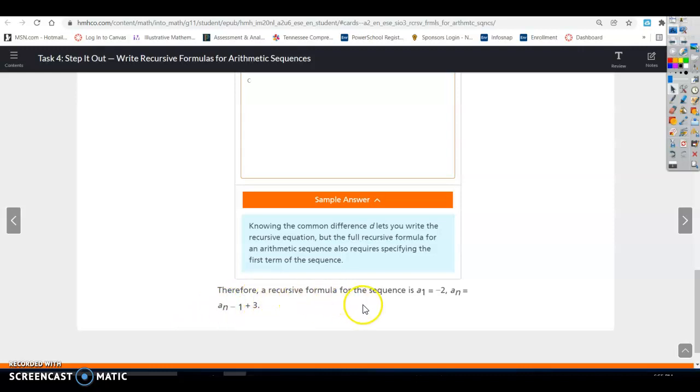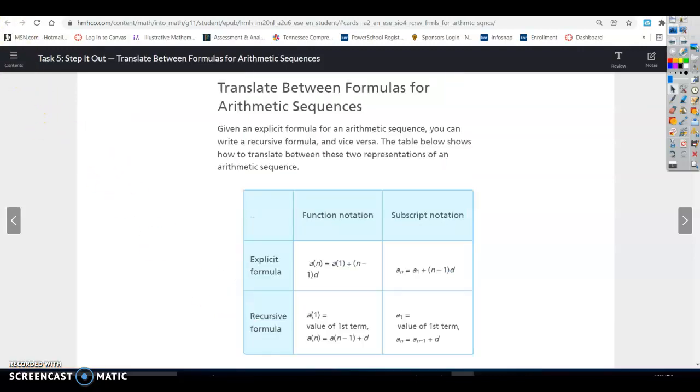Therefore, a recursive formula for the sequence is a sub 1 equals negative 22, so your first term is negative 22, and a sub n equals a sub n minus 1 plus 3, or the common difference. That's all for task 4. If you have any questions, let me know.